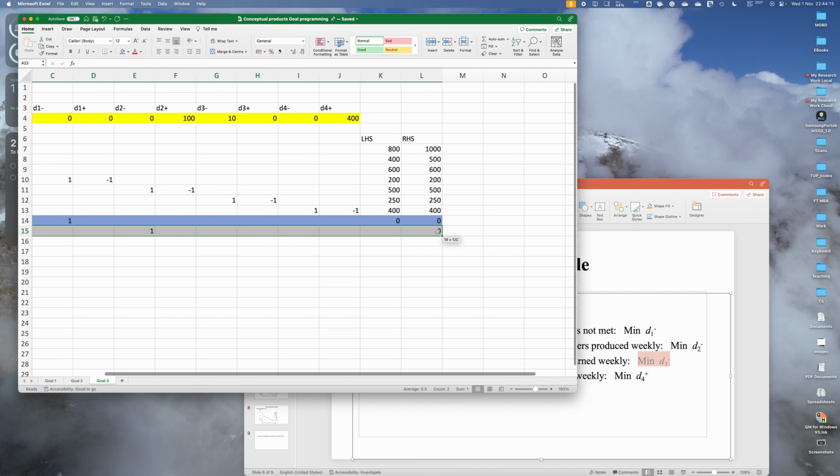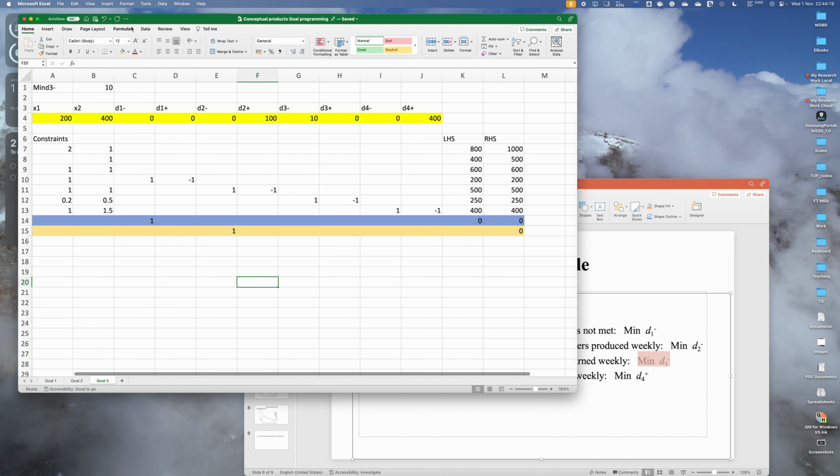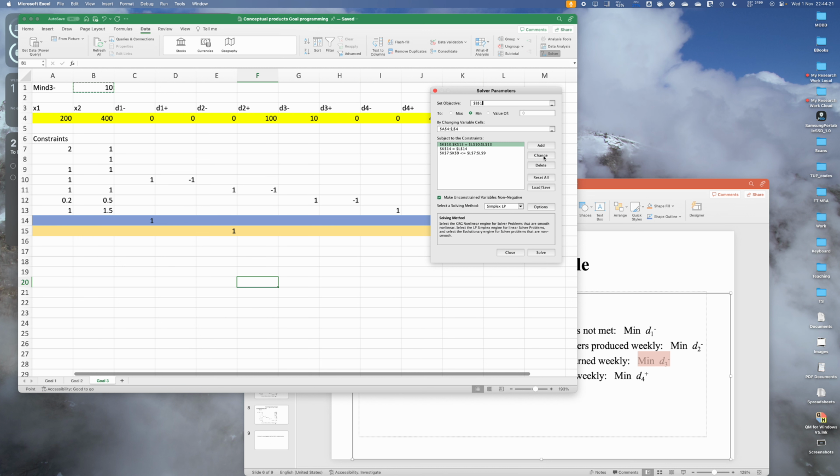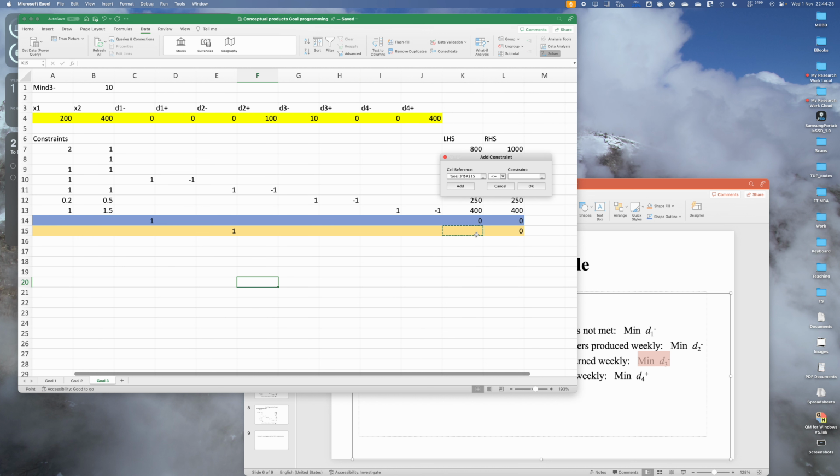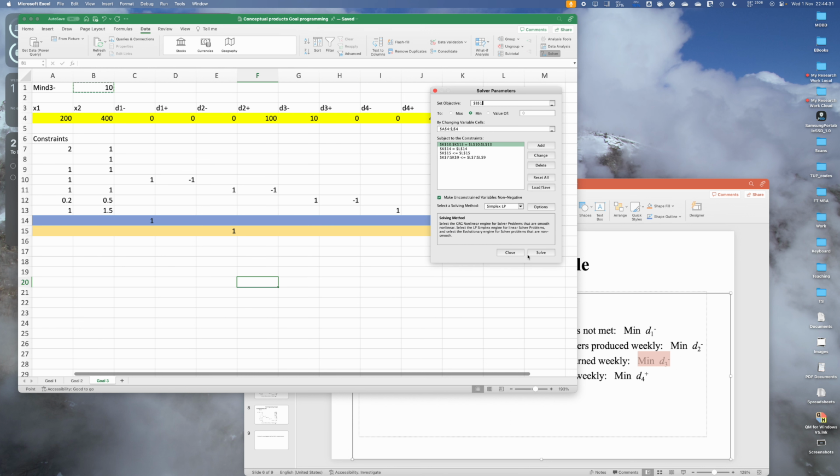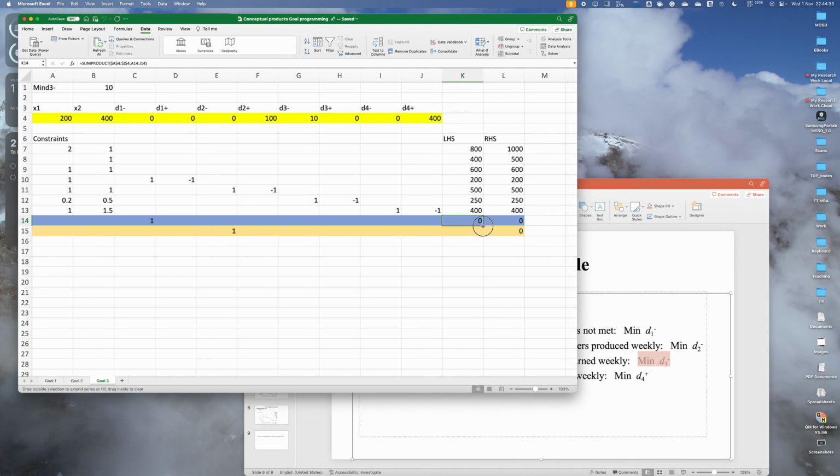And just to differentiate, I'm going to highlight it, go to Data, Solver, add this particular constraint here, that this LHS value should be equal to RHS. I did not drag it, so yeah, now it is fine.